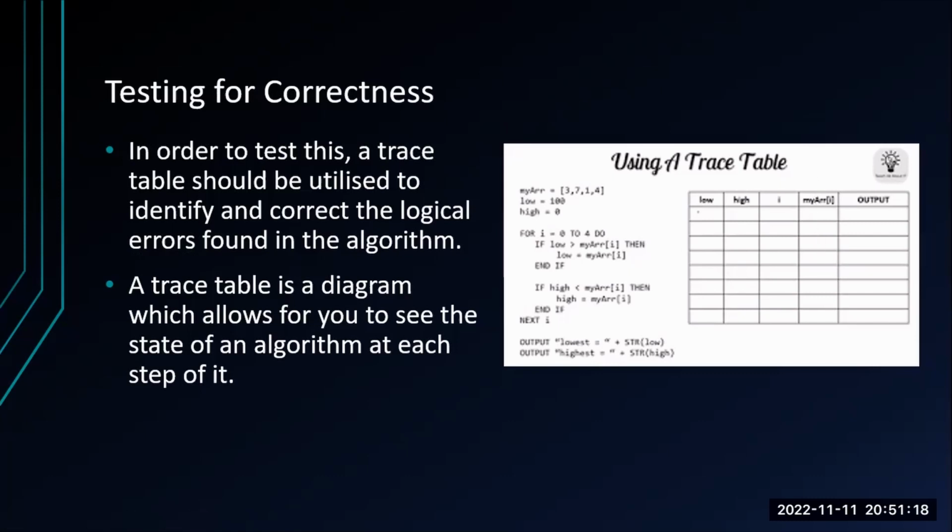And then when it gets to the point of output, it'll print out what is at that particular moment, in this case the lowest number and the highest number. So the trace table is mostly used for working out the program and to see whether, mathematically or process-wise, it actually does what it is supposed to do.